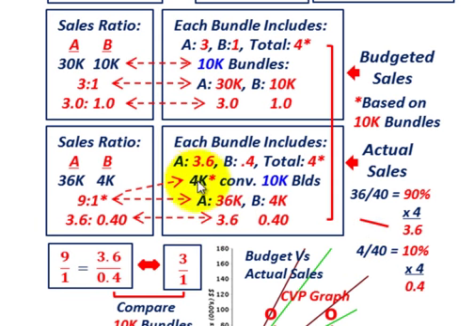So now we've converted those 4,000 bundles based on the 9-to-1 sales ratio into 10,000 bundles, coming up with our new ratio, 3.6 to 0.40.